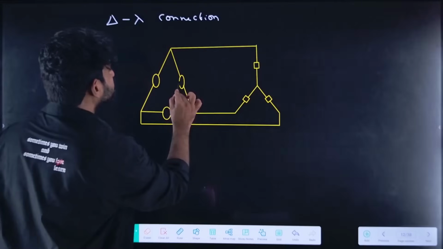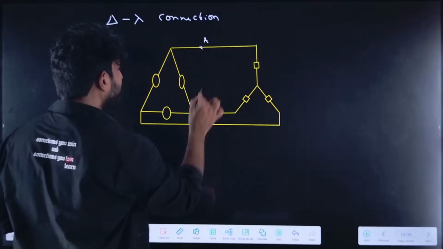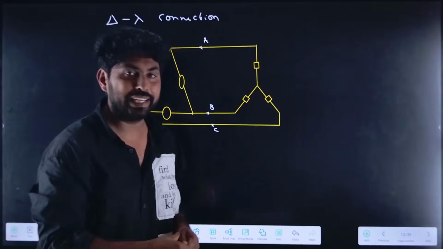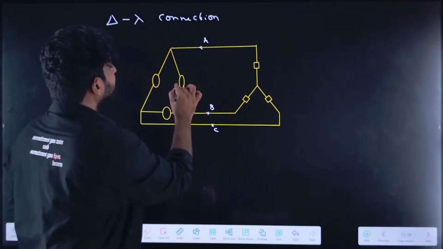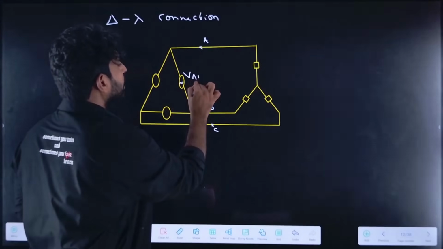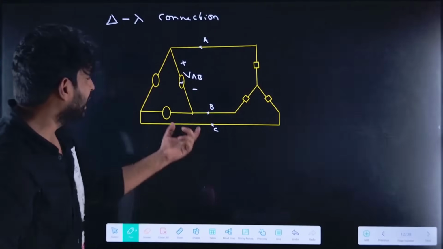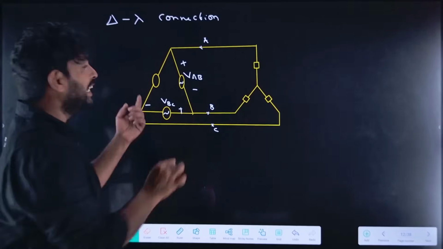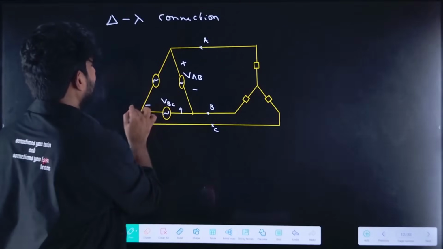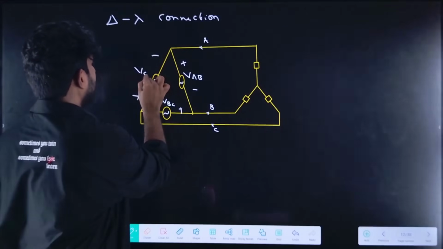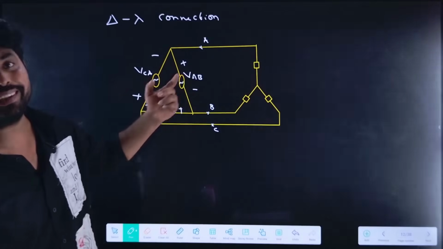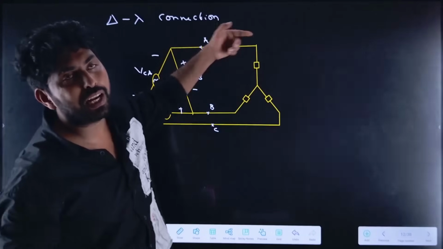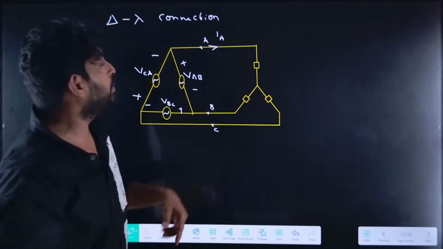Let me represent the source and name its terminals A, B, and C, with voltages VAB, VBC, and VCA. The current flowing through the line I will take as IA, and the current flowing through the line into the load will be the same current.